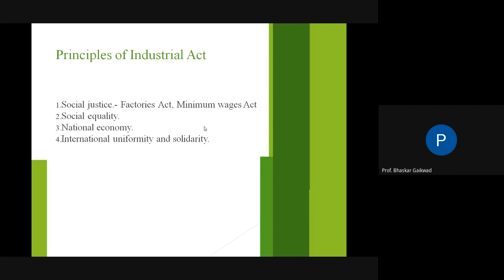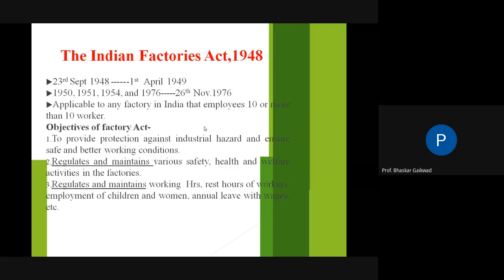Human rights are applicable all over the world at the international level. Any war is there, this international uniformity comes into the picture. So this industrial act is also one act in this international context.